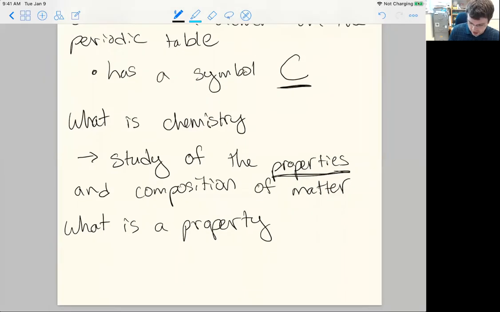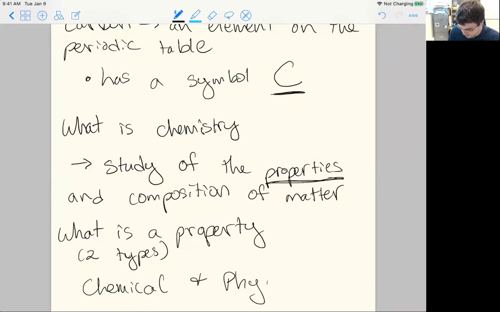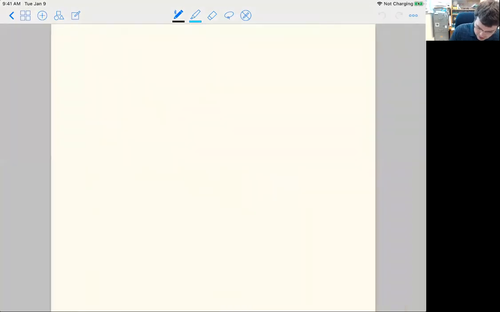I like to think about properties as being two types: chemical and physical properties. I'm going to move on to another page. Moving on to the next page, for some continuity, I'm going to start by discussing physical properties first.